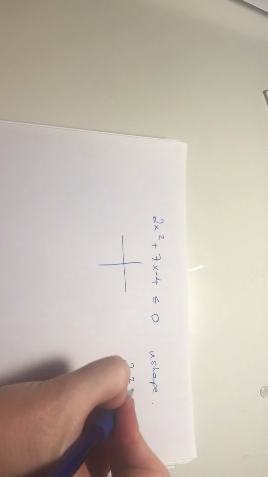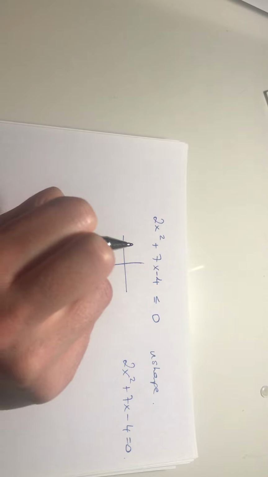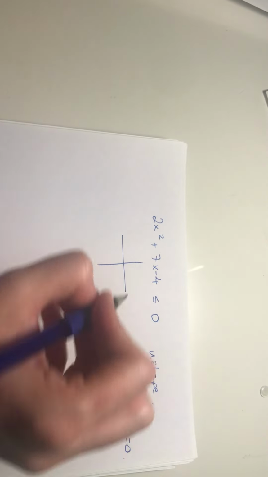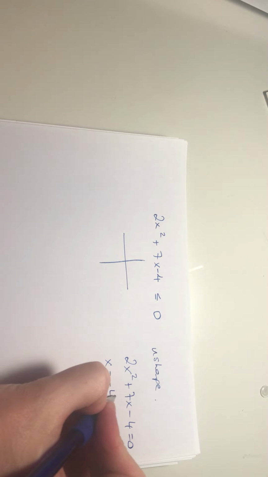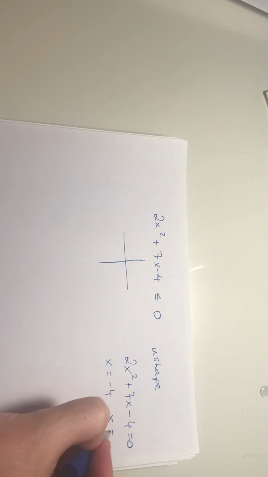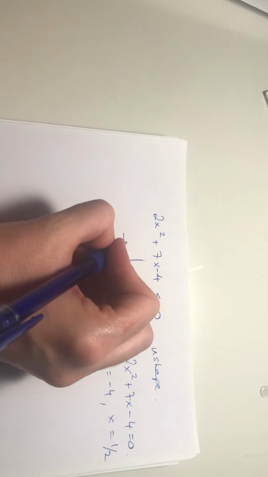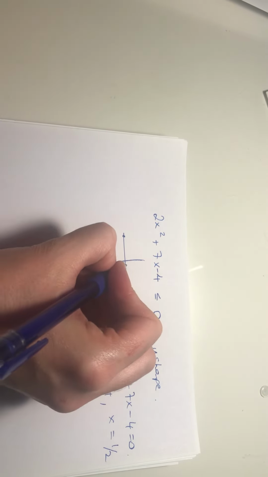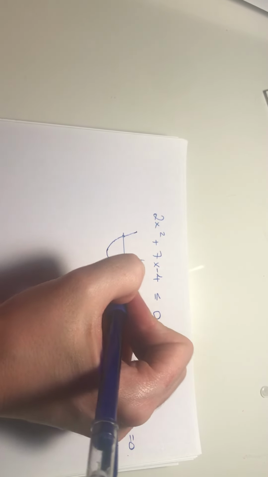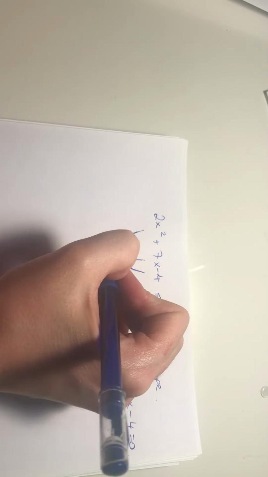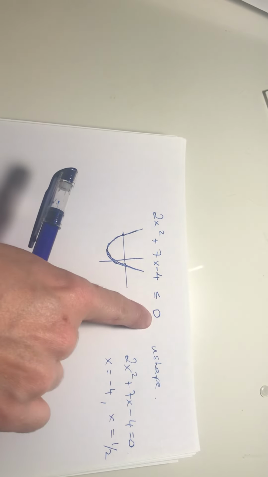So we've got 2x squared plus 7x minus 4 equals 0. Again, solve it whatever way you want, minus b formula or factorising. You'll end up with minus 4 and a half. Minus 4 is back here and a half is about there. So my sketch looks like this. We're looking for where the graph is below or equal to 0.